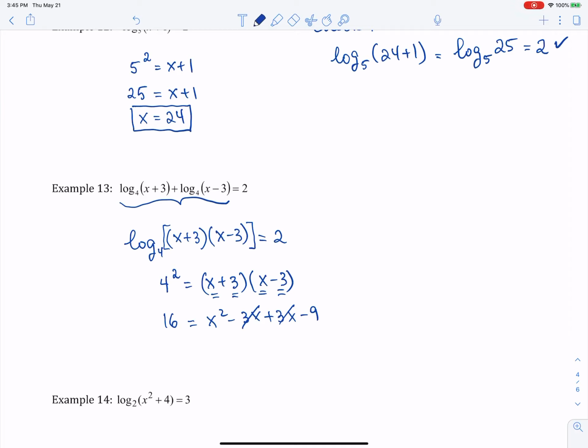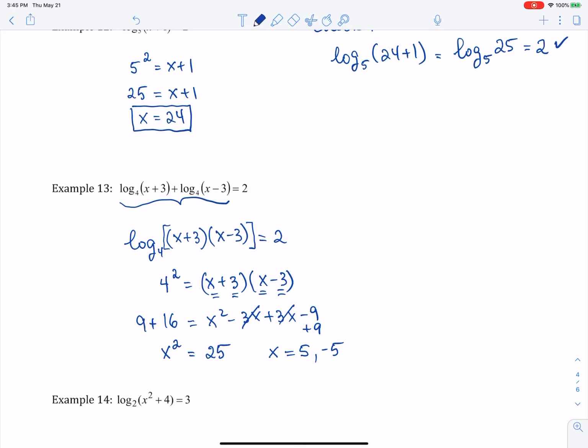So we end up having x squared minus 9 is equal to 16. I'm going to add the 9 to the other side of the equation, and x squared is going to be equal to 25. Now take the root of both sides. There are two solutions. x is equal to 5 and x is equal to negative 5. All quadratic equations have two solutions.